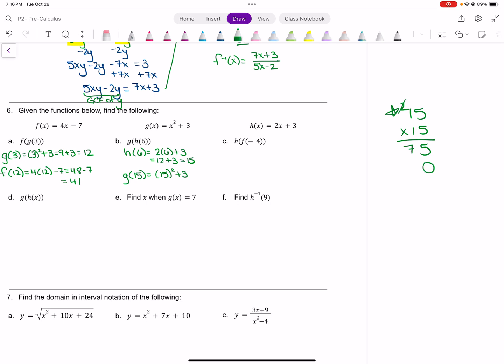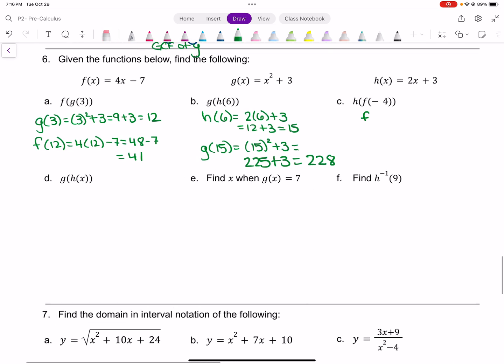We put a 0, and then 1 times 5 is 5, and 1 times 1 is 1. So add up starting on the right. 5 plus 0 is 5, 7 plus 5 is 12, and then 1 plus 1 is 2. So that's 225 plus 3, which gets me 228.